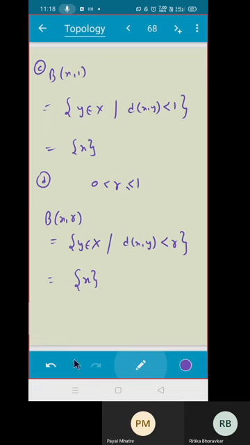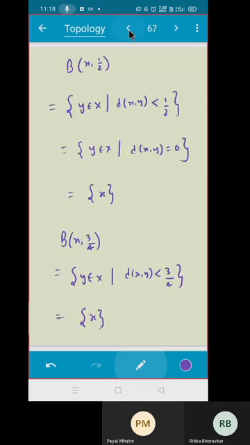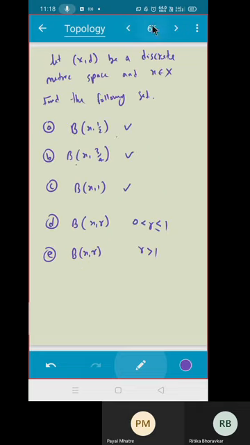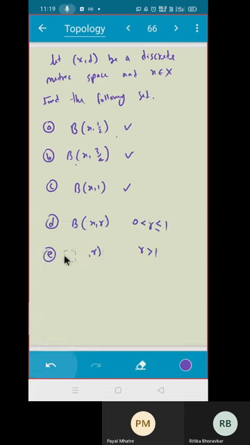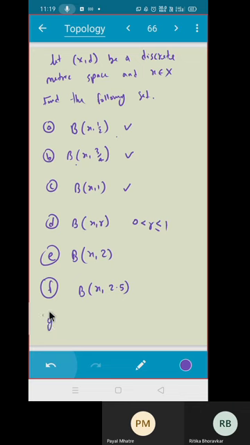Now maybe I should have included some more points in that. Instead of going to the E part, let us put some more points. Where R is greater than 1.